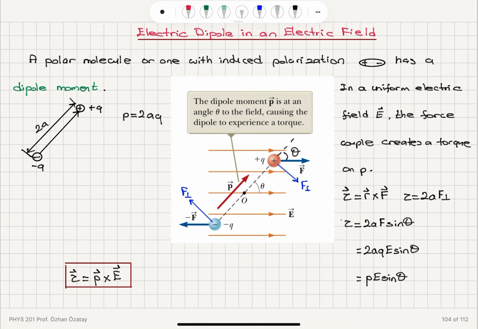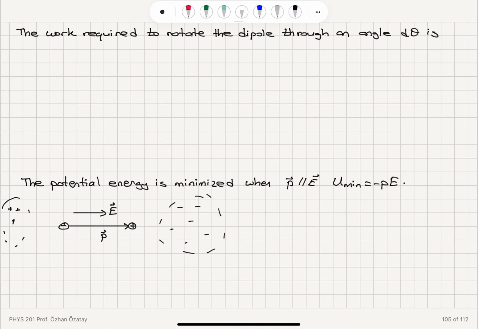Okay. Now, regarding the energy of this configuration, the work required to rotate the dipole through an angle d theta, I will call dW, is rotational work. It is the torque it feels multiplied with the angular displacement d theta, which is the perpendicular force dot product with the displacement it causes, F dot ds.